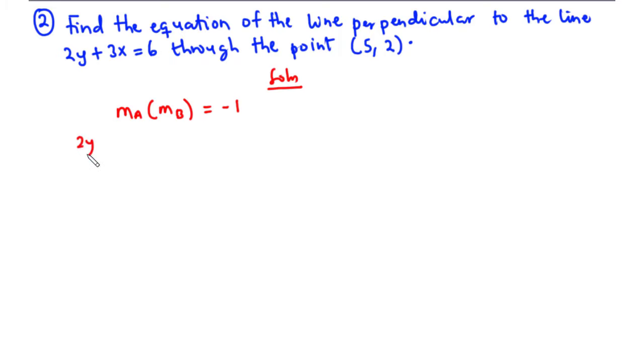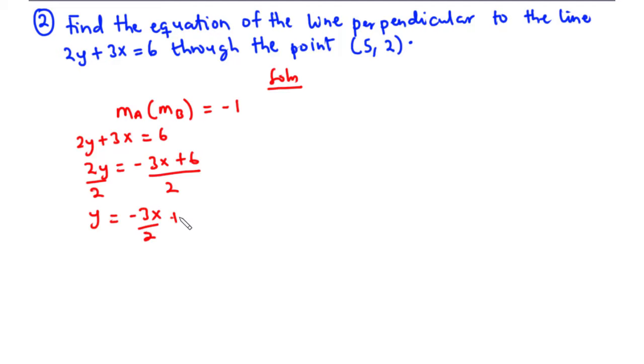So we have 2y plus 3x equals 6. Let's transpose 3x to the right hand side. So that becomes 2y equals -3x plus 6. And then we divide through by 2. And then we have y equals -3x over 2 plus 6 divided by 2 is 3.